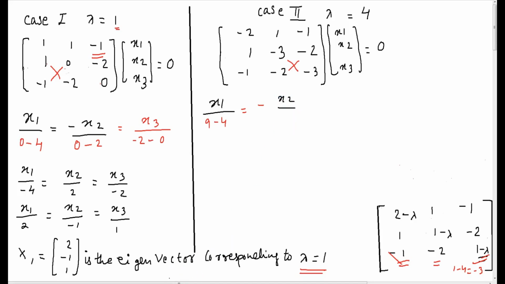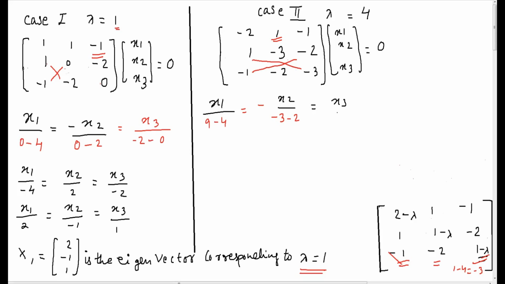Here minor of a12 is 1 -2 -1 -3, and cross multiplying we get -3 -2 equal to x3 by minor of a13.